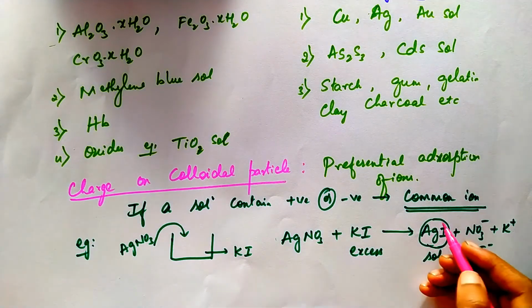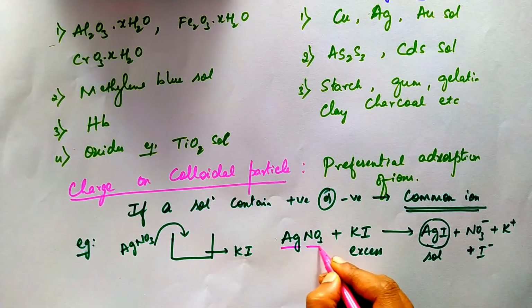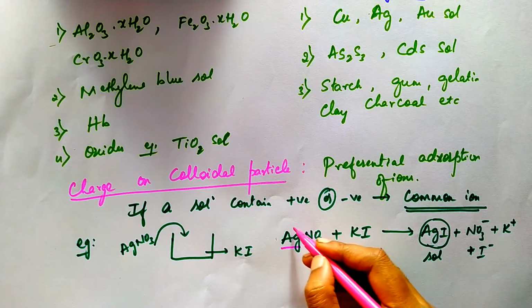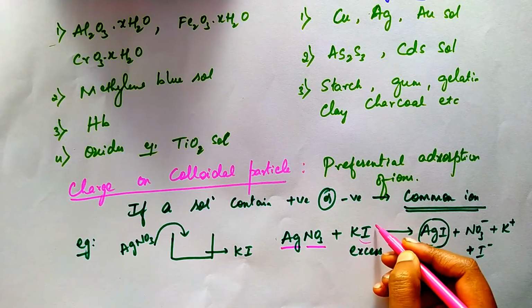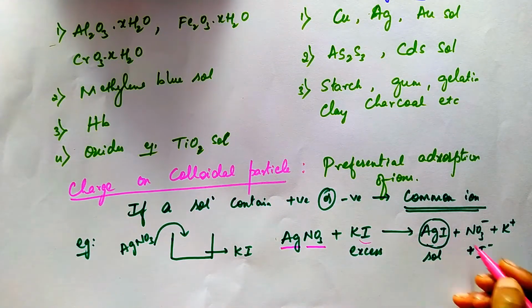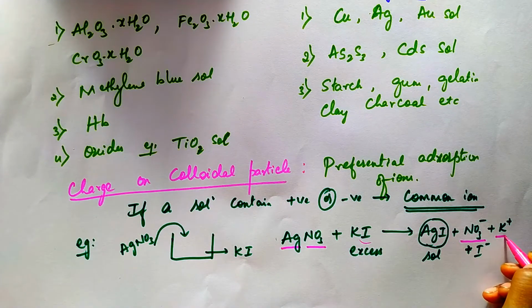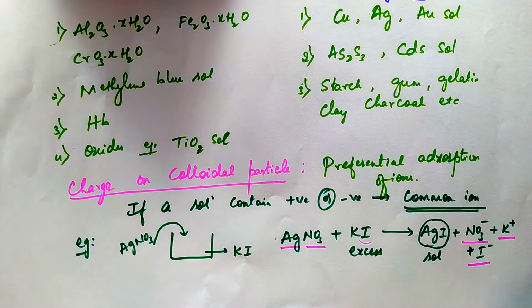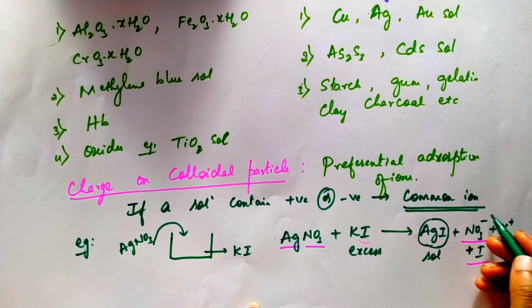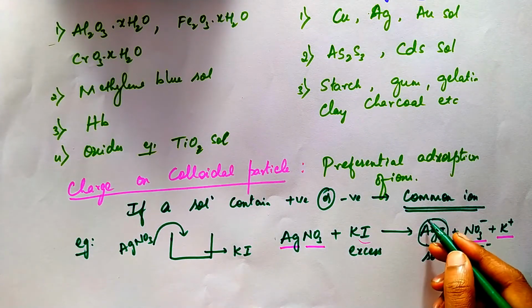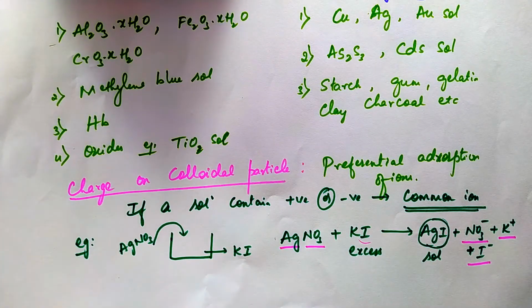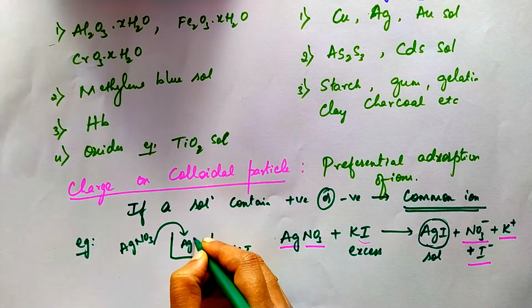Here Ag and NO3 are in the smaller amount. This Ag completely combines with the iodine. So we have AgI, and the solution contains NO3 minus, K plus and I minus. So now the solution has these three ions and also the colloidal salt, that is AgI.